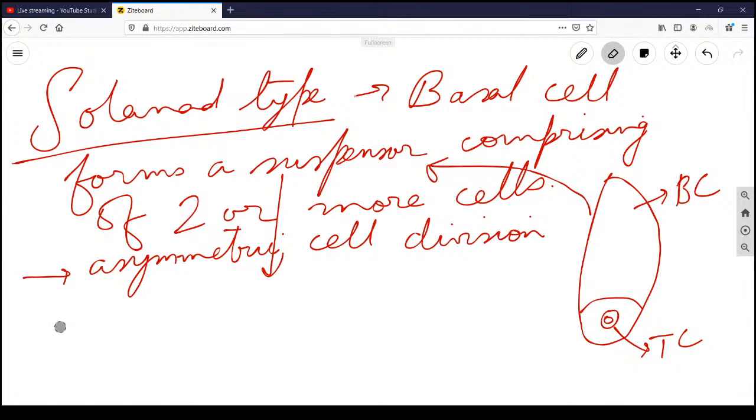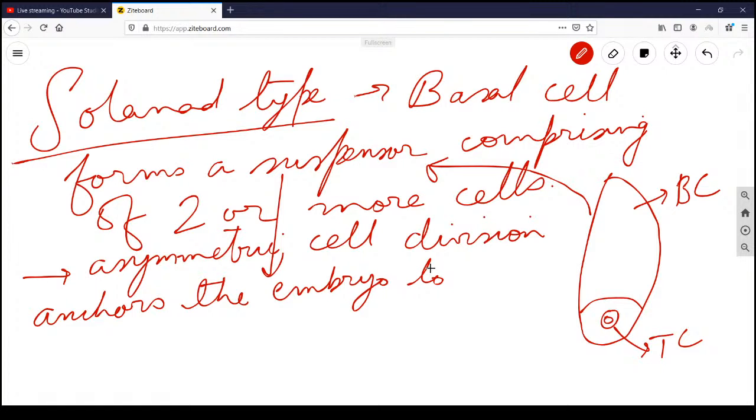This is also not given in many books, so note it down properly. It anchors the embryo to the endosperm and also serves as a conduit for nutrients for the developing embryo.